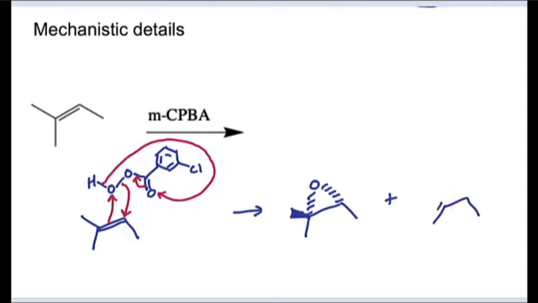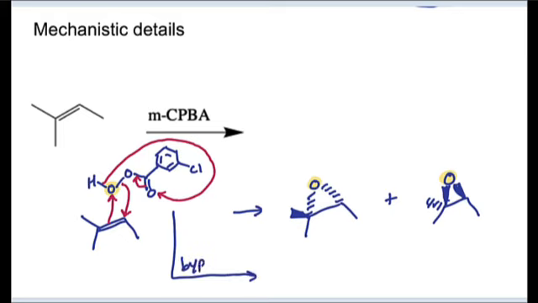forcing this stereochemistry. Of course, we could have ended up with the opposite scenario if the MCPBA approached from the opposite face of the alkene. So if you're having trouble seeing which oxygen is which, it's this oxygen here that's added across the double bond.